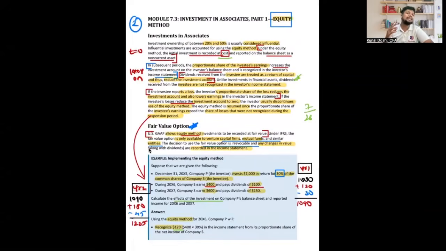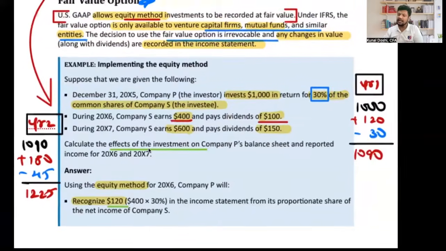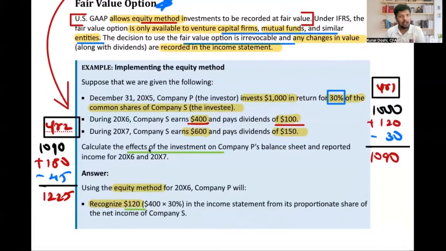We are going to basically acquire the company or take a stake in the company between 20 to 50%. And we will relatively record the income or dividend in our financial statements. So this is investment in associate. Now directly let me go to the statement here. If you notice, the example that we did is that your company P is investing in company S and taking a 30% stake.